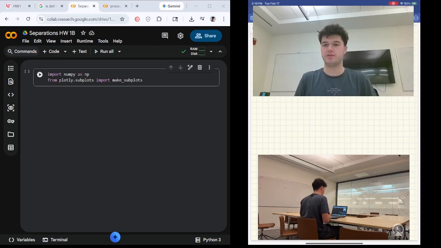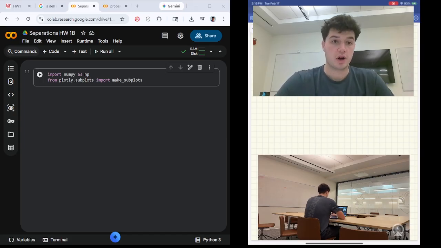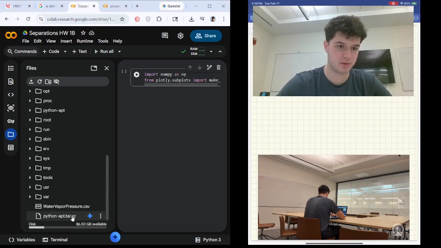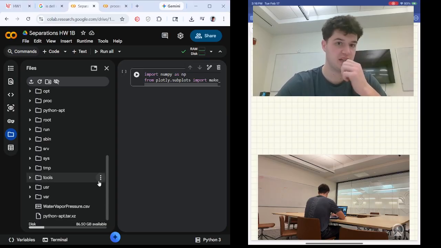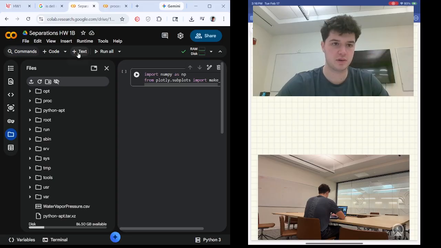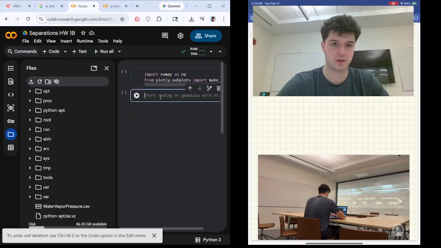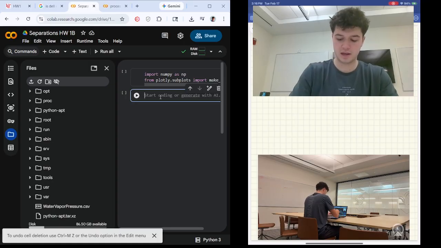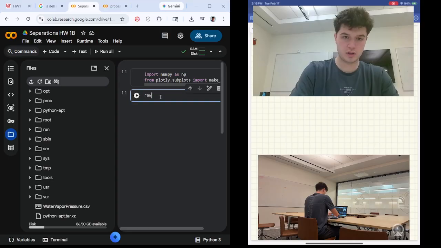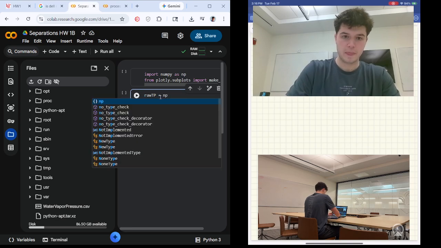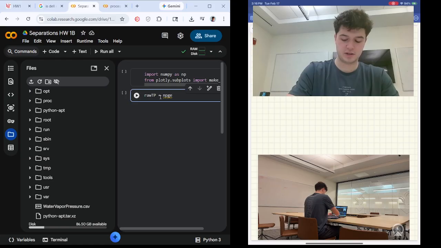So now the next step will be pulling from a file that was in our class's GitHub, which has the water vapor values. I already downloaded it. You can see water vapor pressure.csv, and what we're going to do is add some code here. We will start with raw TP, and then this will be pulling from that file. To do that, the function is genfromtxt.